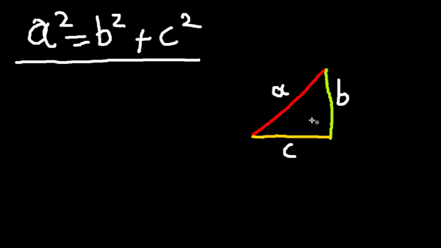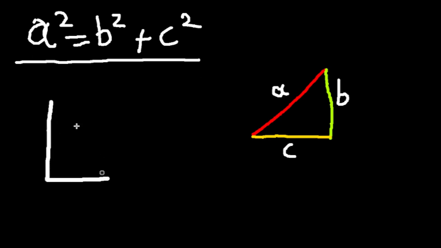So the bigger side is always the side a. However, it can appear as side b, let's say, and this one side a. It would work the same way, just it would be b squared is equal to a squared plus c squared. Let me give an example.